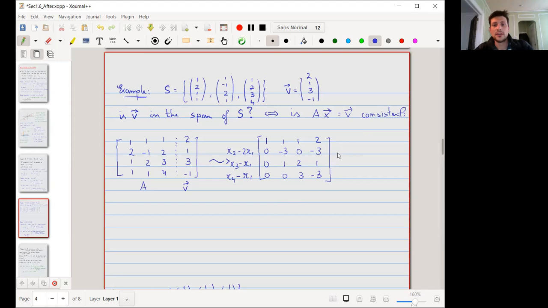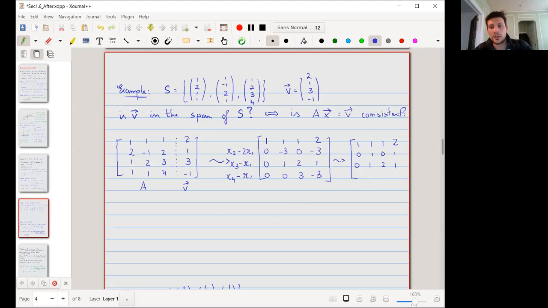Now, we can clean this up a little bit by rescaling. I will divide the second row by -3. So I get 1, 1, 1, 2, 0, 1, 0, 1, 0, 1, 2, 1.